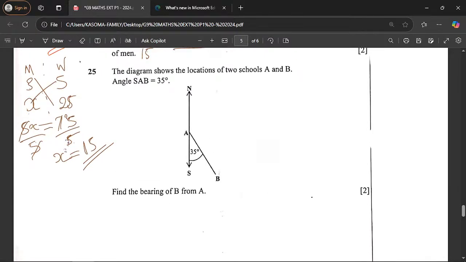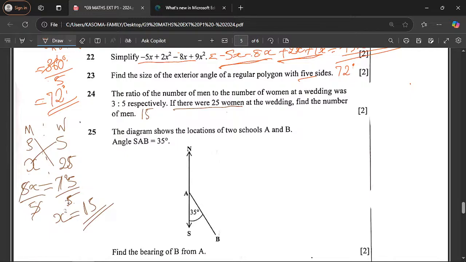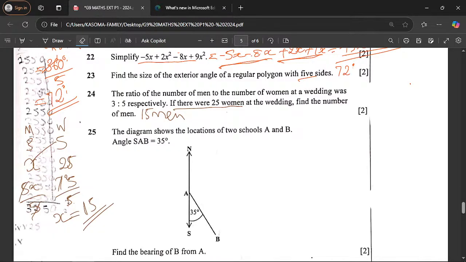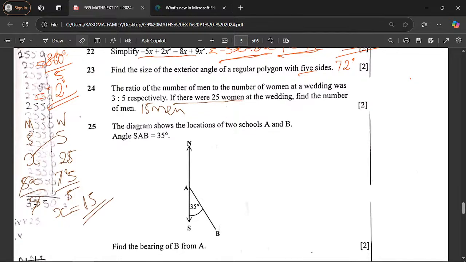We have found that at the wedding there were 15 men. The network might also be poor during the storm and may keep breaking, so I don't want that.